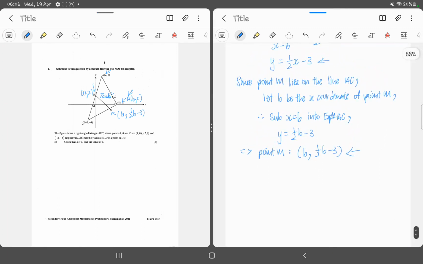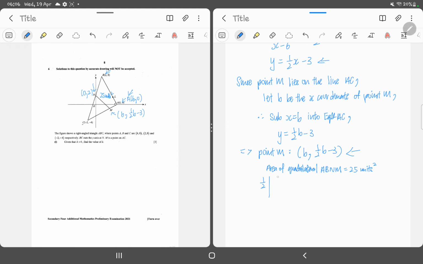Okay, so using the shoelace formula, we write down the area first: the area of quadrilateral ABNM equals 25 units squared. Remember, we must select a point first, after which we move in an anti-clockwise direction and then back to the point that we have selected.